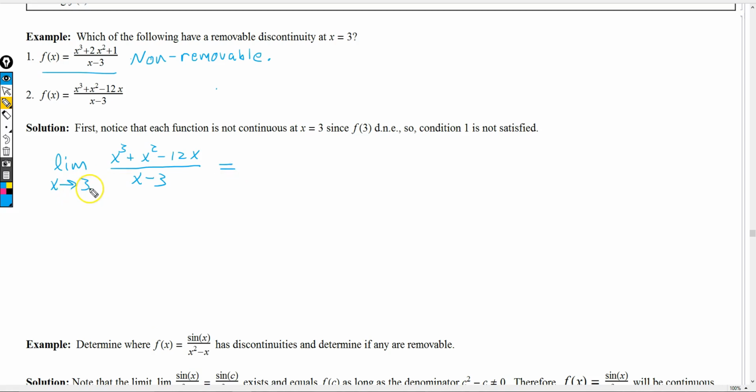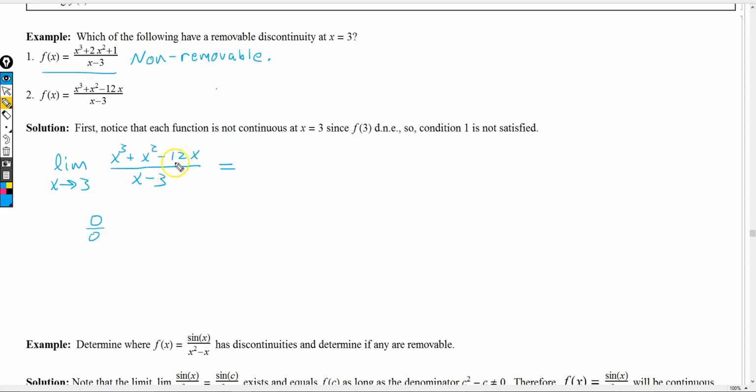If we put 3 for x into the numerator and into the denominator, you'll notice that we get 27 plus 9 minus 36. That's 0. And in the denominator, we get 0 as well. This limit has a chance of existing.